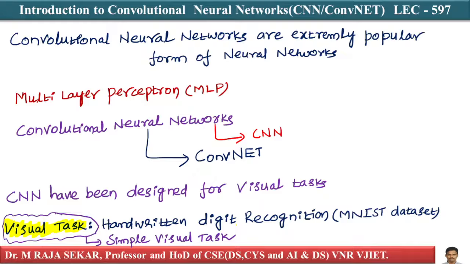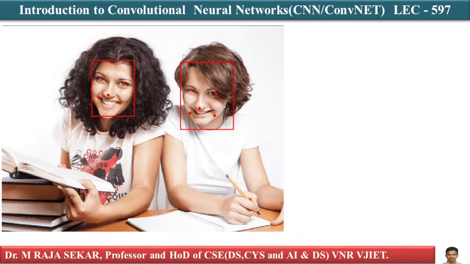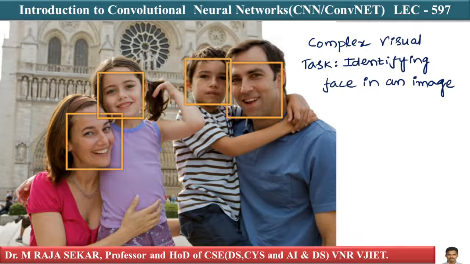But there are many more complex visual tasks. For example, imagine I am given a picture or an image, and I am asked, is there any face in it? That's the question. If so, where is the face?